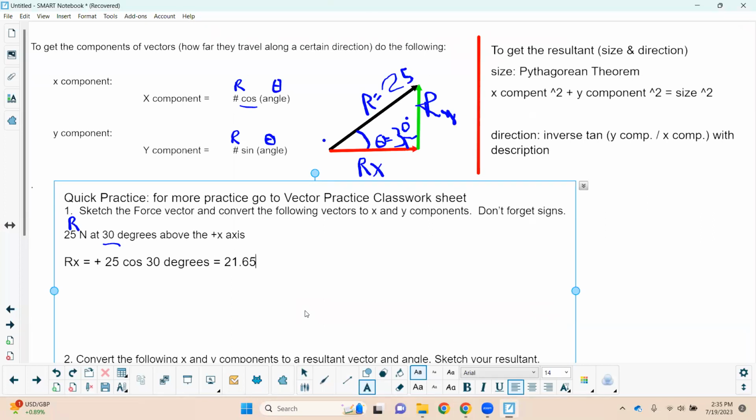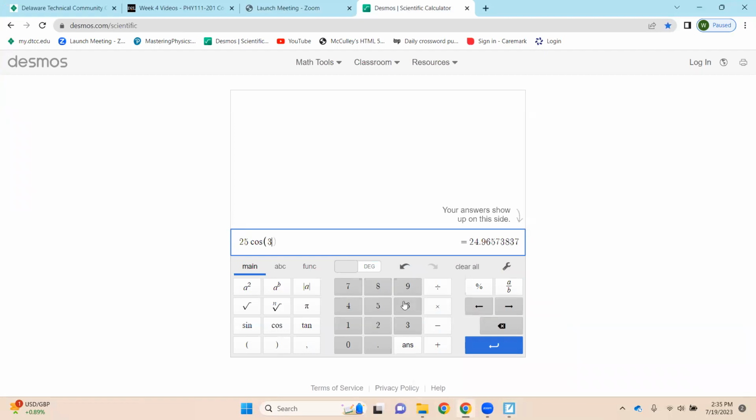21.65. It's positive. The positive means that it's going to the right. And it would be the same unit as the value here, which is 25 newtons. So it's 21.65 newtons. If you wanted to check that you're doing it properly in your calculator and you're in degree mode, if you hit the sine of 0, you should get 0. And if you did the cosine of 0, you should get 1.